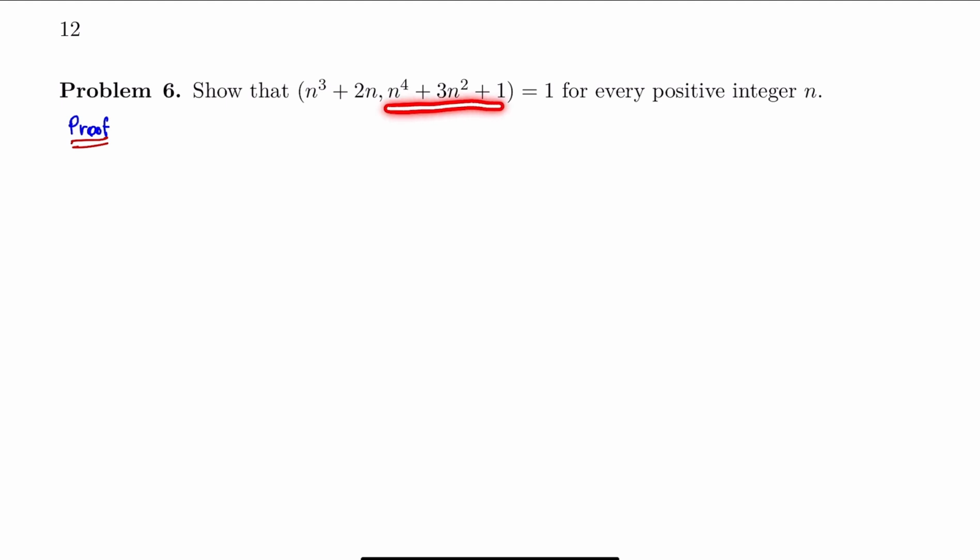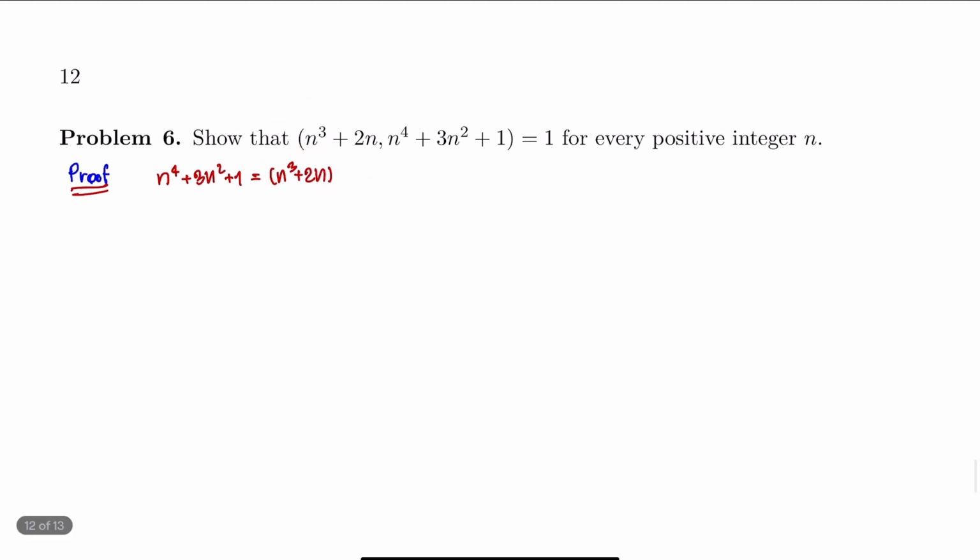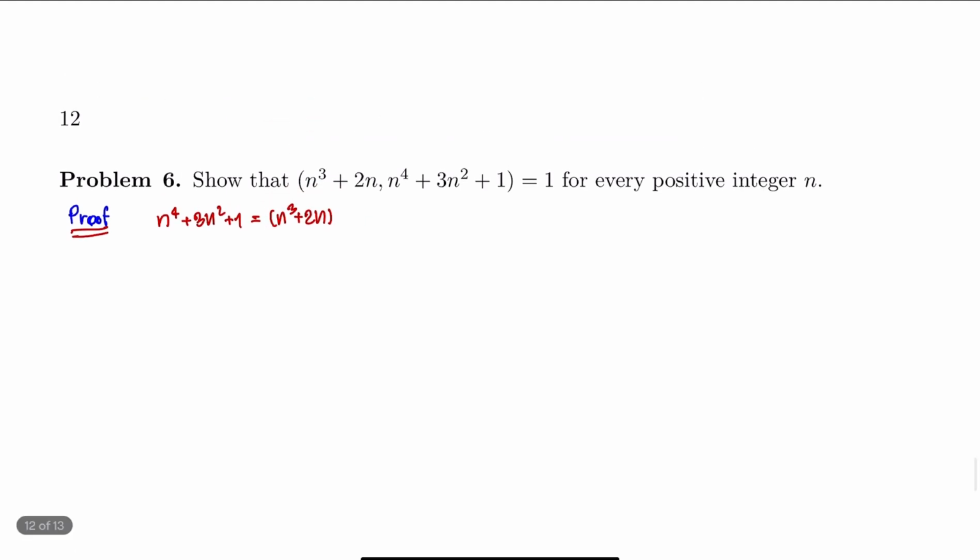We start with dividing this polynomial, which has degree 4, by this polynomial, which has degree 3. So we start with n to the 4 plus 3n squared plus 1 equals n cubed plus 2n. Now let's find the quotient. Let's use long division.